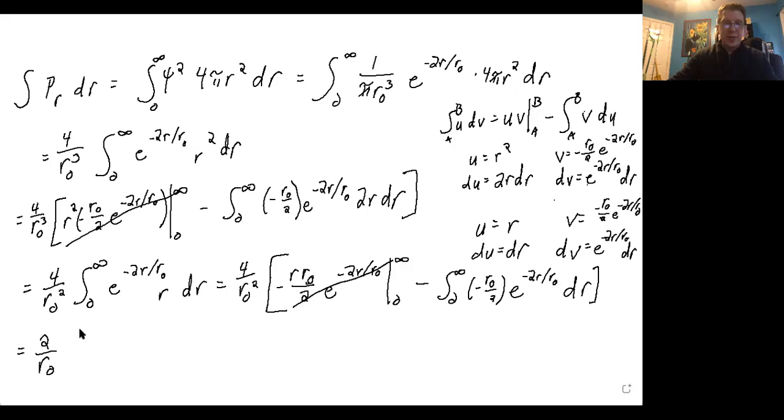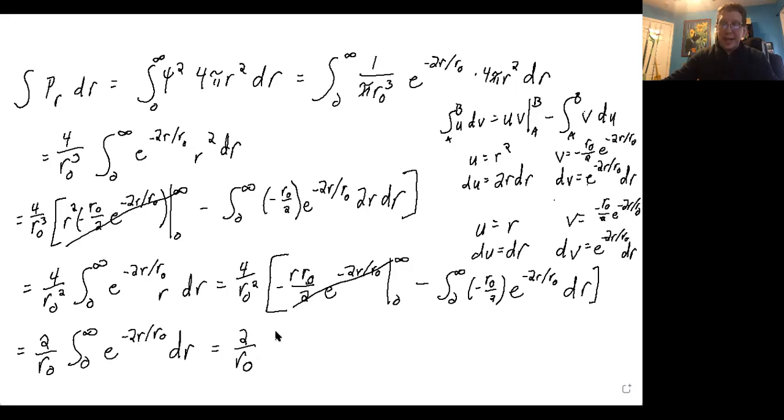And now the integral is from 0 to infinity, e to the negative 2r over r naught dr. And this is an integral we no longer have to integrate by parts. So this becomes 2 over r naught.